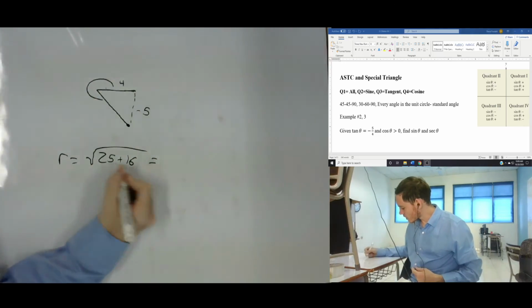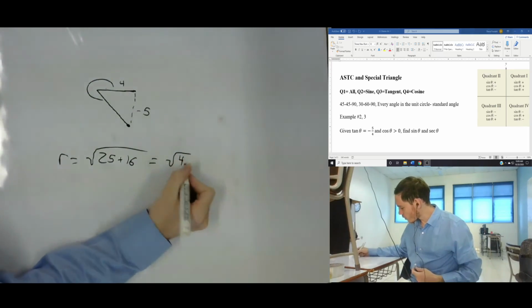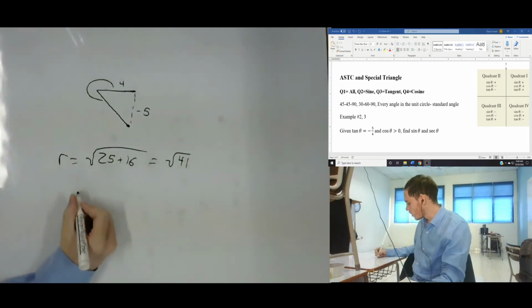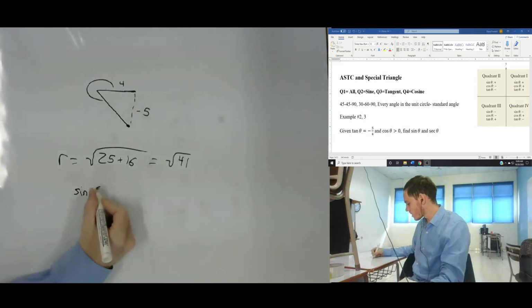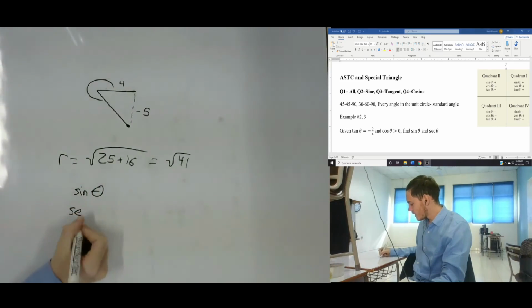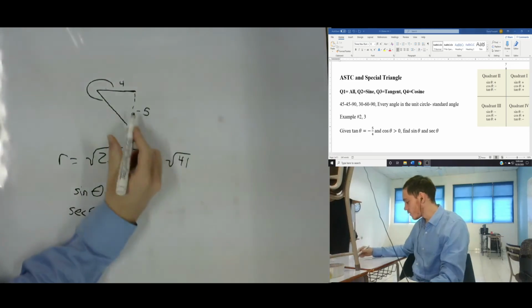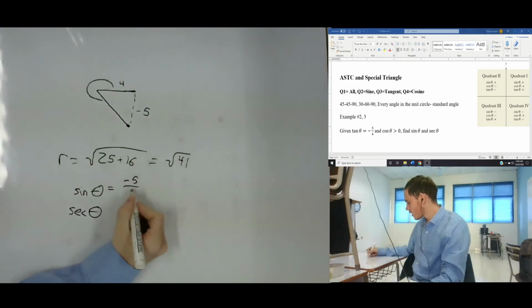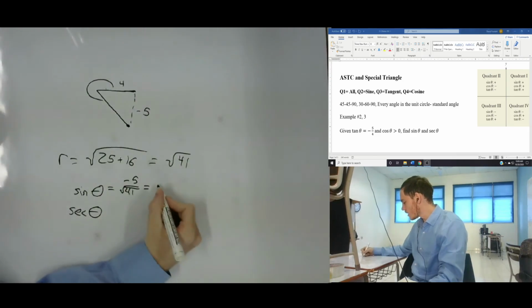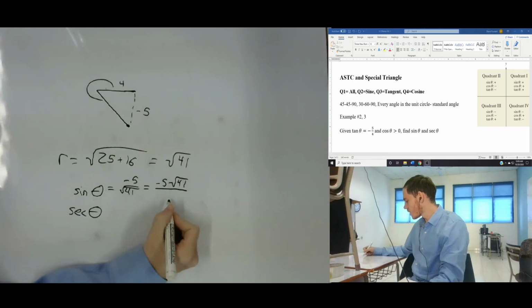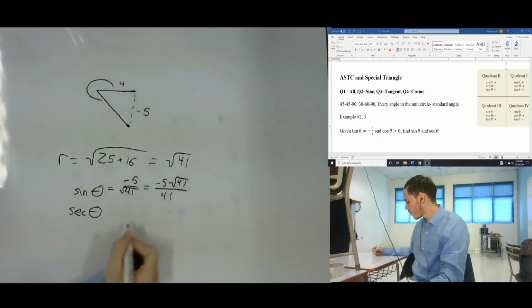What does 25 plus 16 equal? 41. So r equals the square root of 41. What are we solving for? We're solving for sine of theta and secant of theta. Sine of theta is going to equal negative 4 divided by the square root of 41, which if you rationalize the denominator is going to equal negative 4 times the square root of 41 over 41.